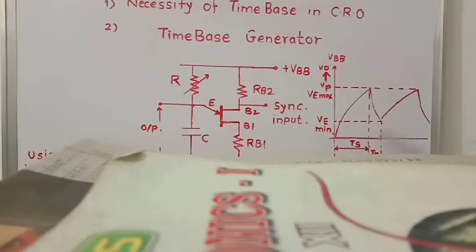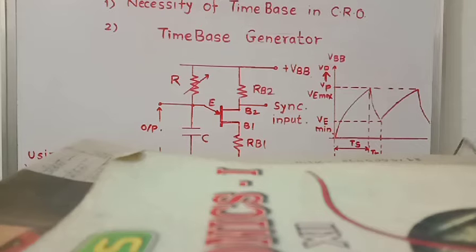During the trace period, the spot moves in horizontal direction from left to right, and during the retrace period, the spot returns to its starting position on the screen.